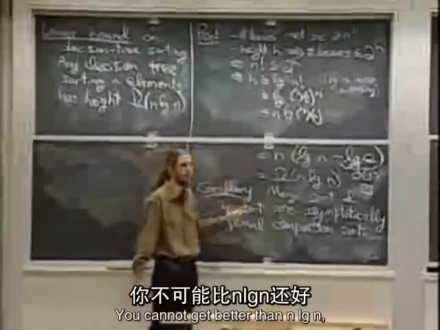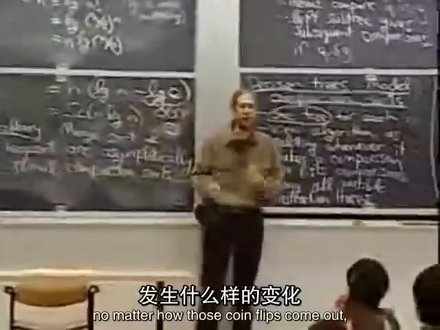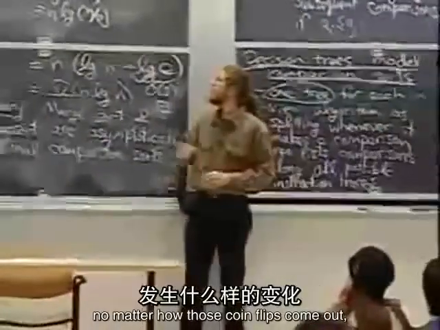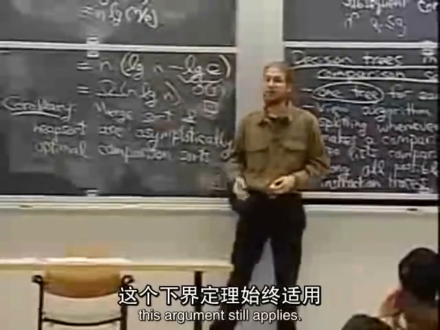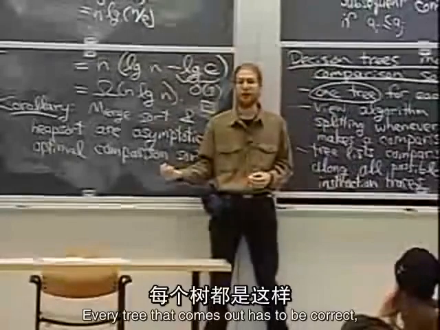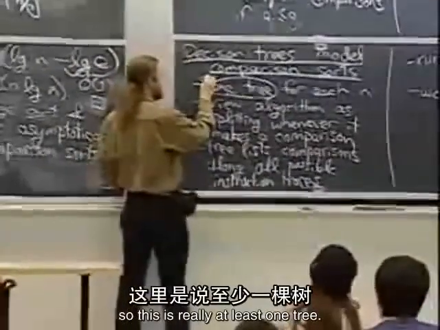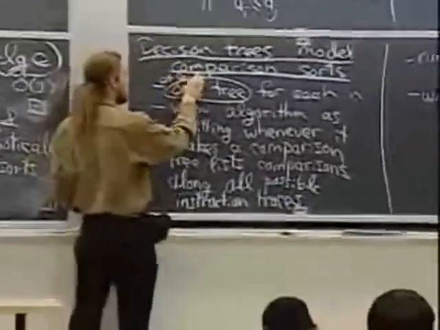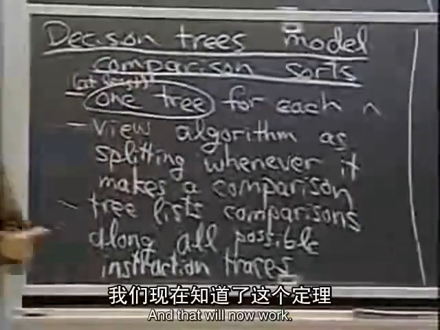You can't get better than n log n, because no matter what tree it comes up with, no matter how those coin flips come out, this argument still applies. Every tree that comes out has to be correct. So this is really at least one tree. And that will now work.